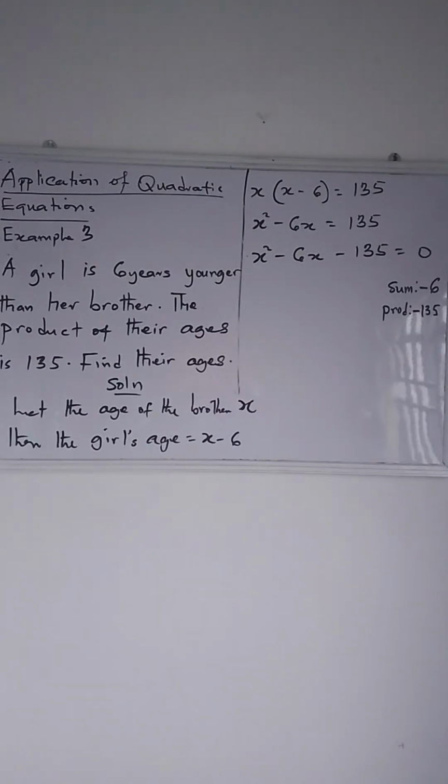Let's wait for others to drop their answer. Yes. Okay, I can see minus 15 plus 9. Yes, let's wait for others. Okay, I can see minus 6 and minus 135. That is Aisha.